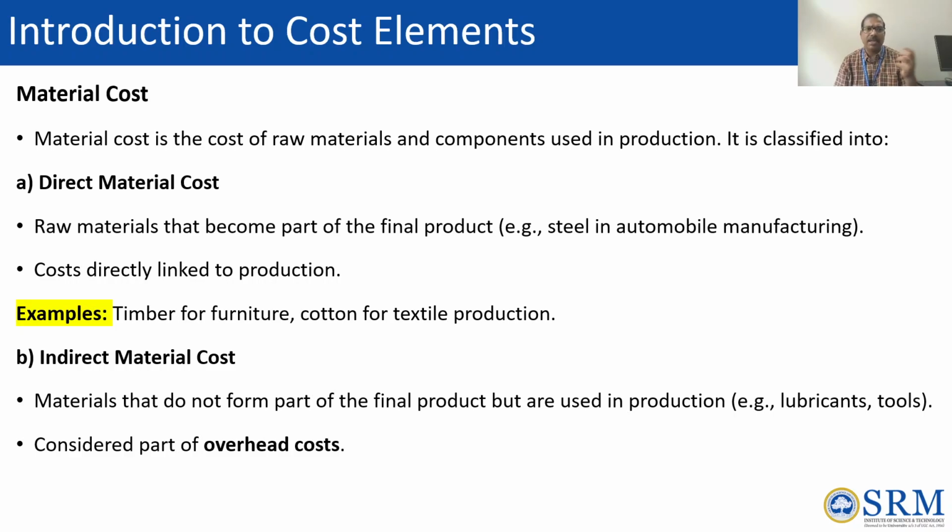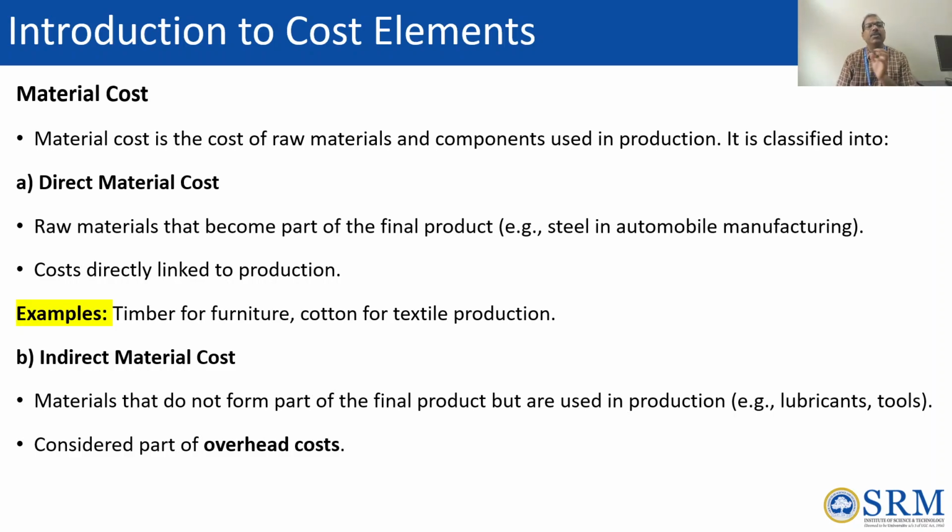The steel is a raw material for us. The steel plates go through different shops like punching, piercing, painting, grinding and assembly. But finally, that raw material, the steel, will be there in the final component. That is a raw material that becomes part of the final part. That is direct material.